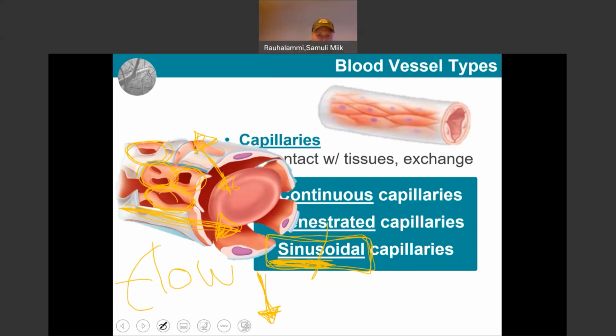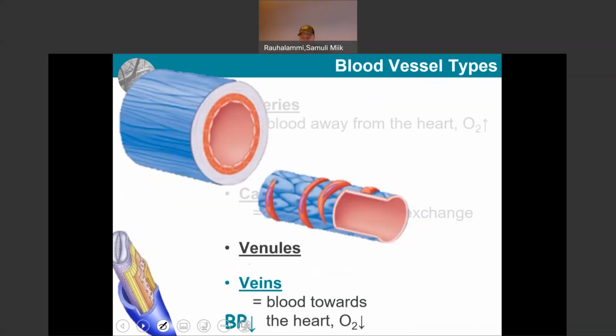And why this is important is that by having a slower flow of blood, now we have more time to actually process the blood that flows through this capillary type. So there's a lot of exchange going on here. So that's our capillaries. And I think we're good to move on and look at venules and veins next.